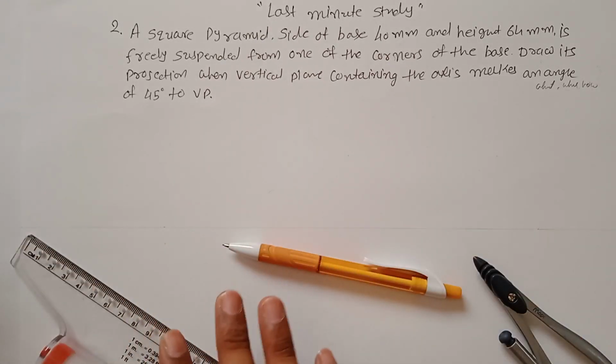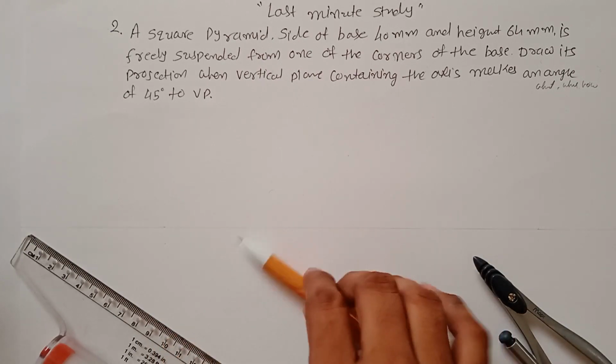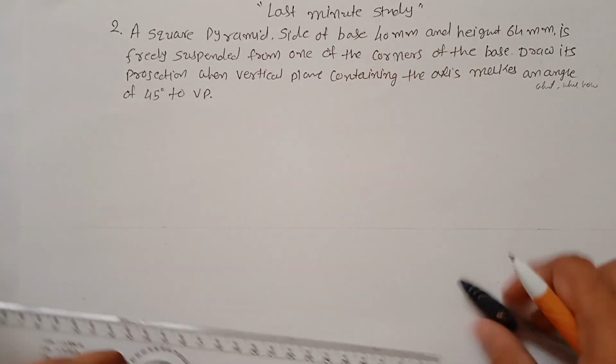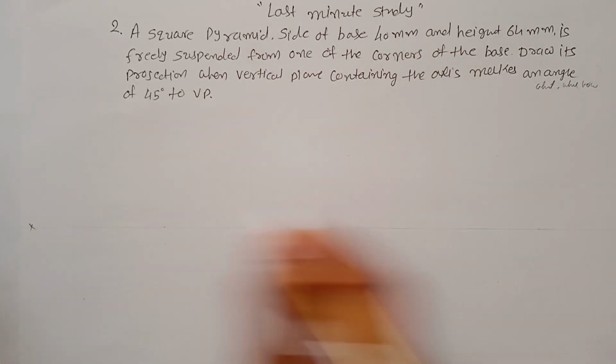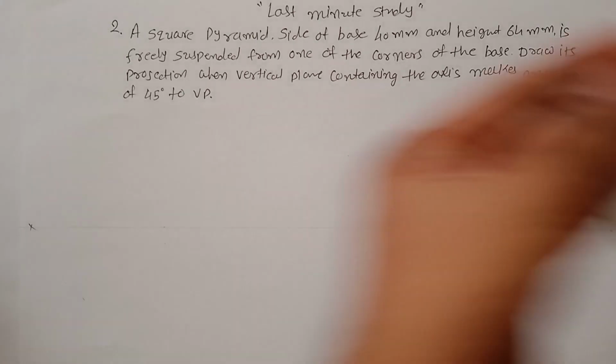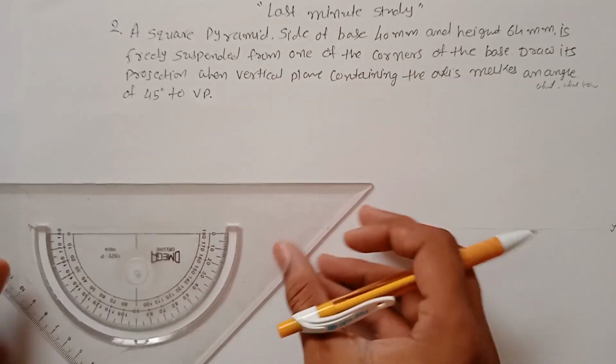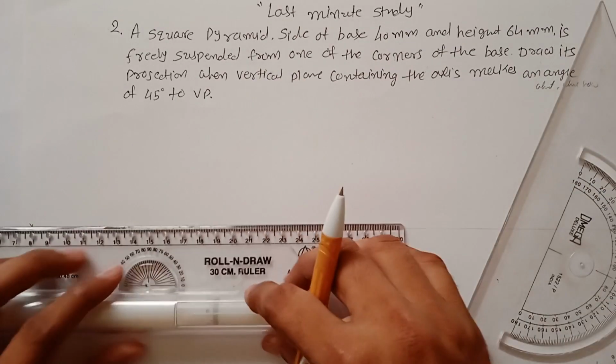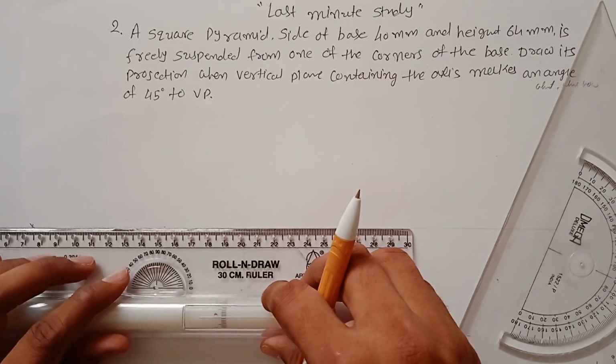We don't know how it looks like, so first of all, we have to complete our initial position. So let's start with the initial position. Draw the XY line first. Then, since it is with respect to corners, you have to draw the corners first.